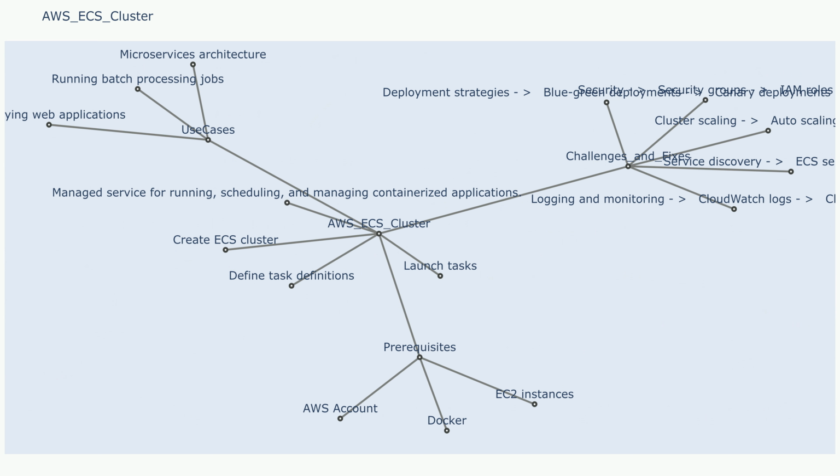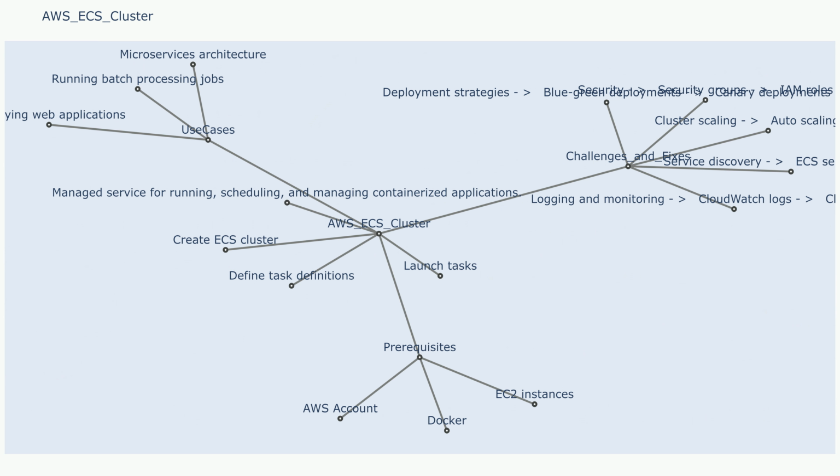Security: ensuring the security of your containers and the underlying infrastructure. Fixes: use security groups to control network access to your ECS cluster and its instances. Define roles for your ECS tasks to grant them access to the necessary AWS resources.